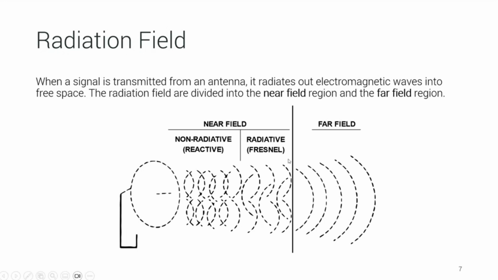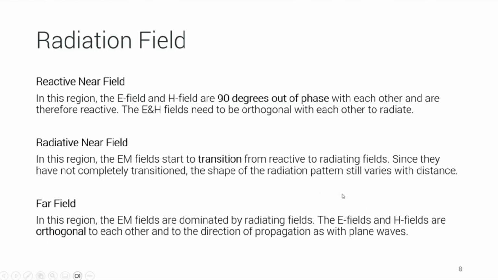The near field has a reactive region and a radiative region, and then the far field. In the reactive field region, the electric and magnetic fields are 90 degrees out of phase with each other, and therefore reactive.